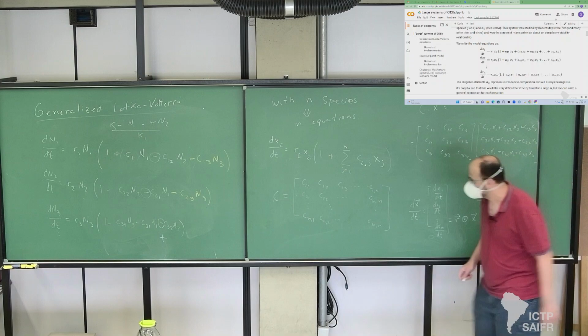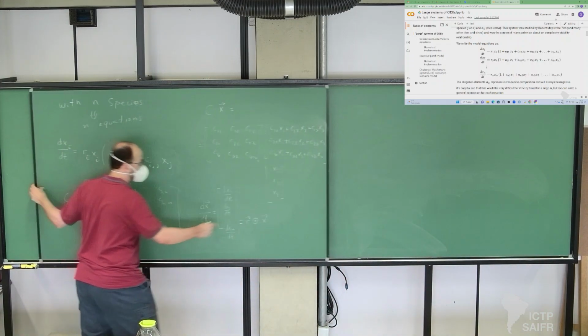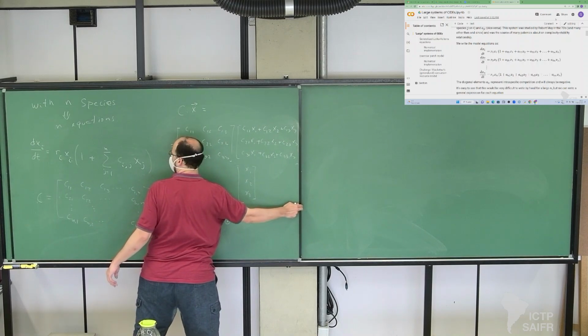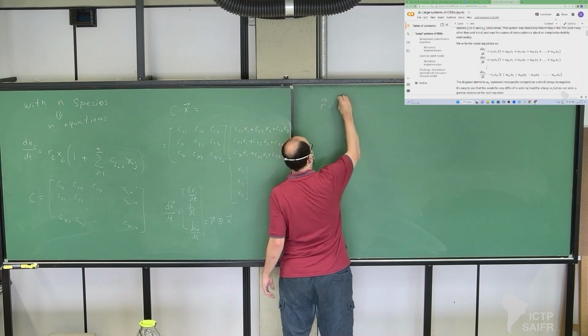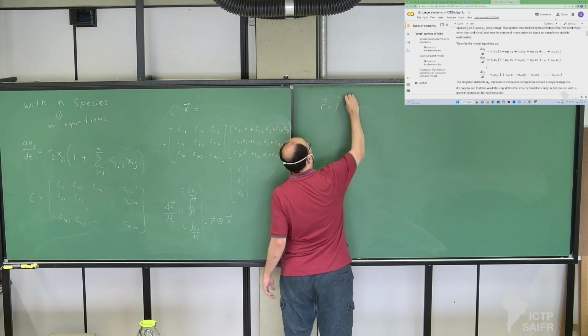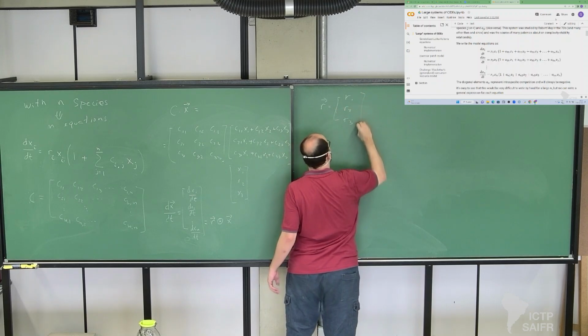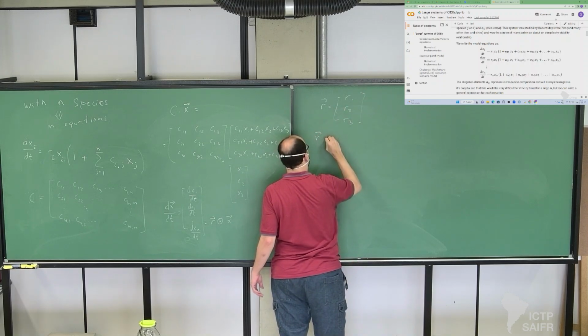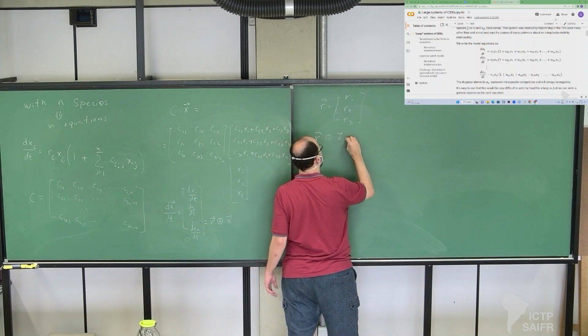So if I have a vector R that is R1, R2, R3, then this product here, R times X, is going to be what?